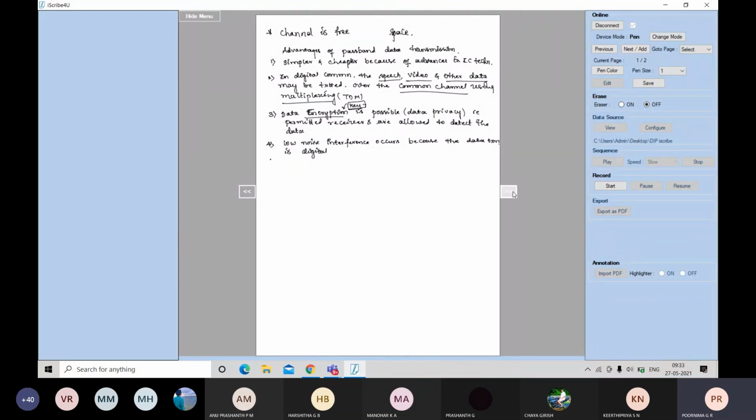The next advantage is error detection, because many techniques you might have learned in your information theory and coding for error detection and error correction. Therefore, error detection and correction is possible with passband signals. Hence, it is an added advantage to go for passband transmissions.